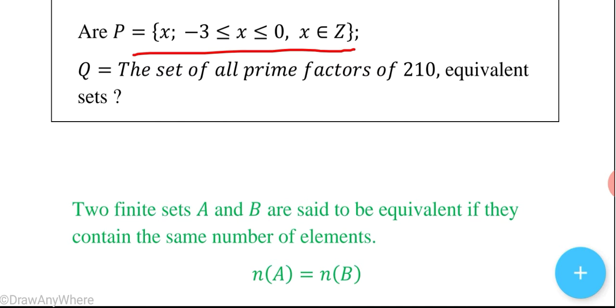P is given as {x such that minus 3 ≤ x ≤ 0}. Q is the set of all prime factors of 220. The condition for equivalent sets is that the cardinality of both sets must be equal.